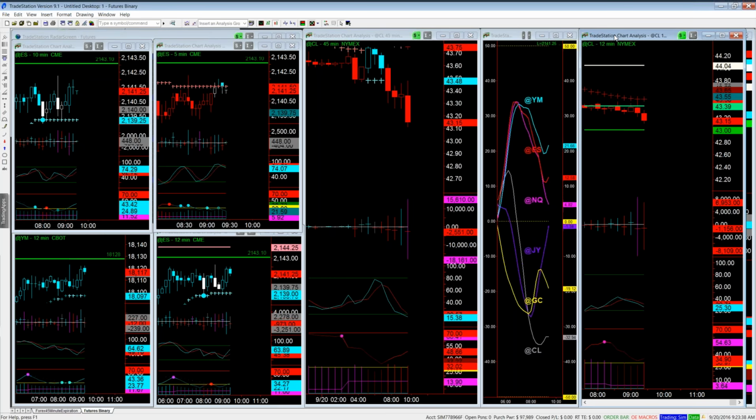That's the floor traders pivots, Sashi. And that's typically available in any platform. And it's based on the prior day's action. Some of them use the high-low close.